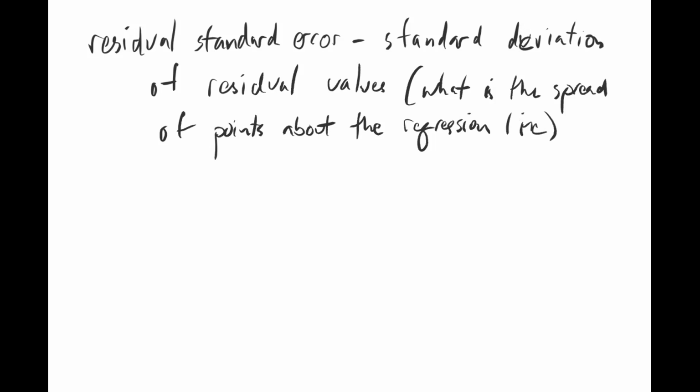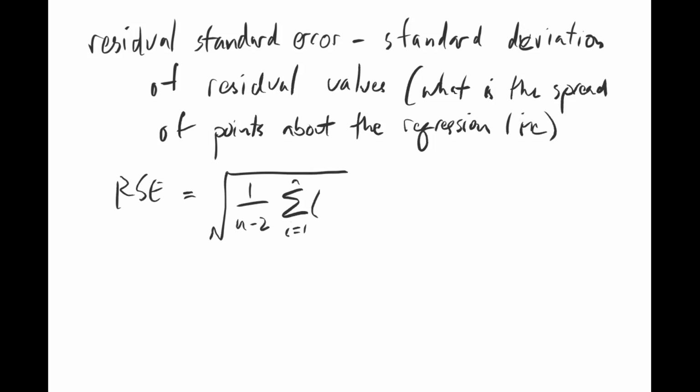But for those who are interested, the residual standard error is equal to 1 over n minus 2, the sum of i equals 1 to n of y_i minus y_i hat, squared.